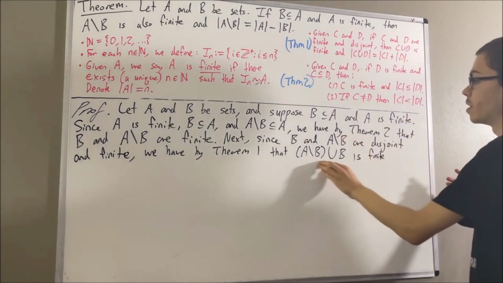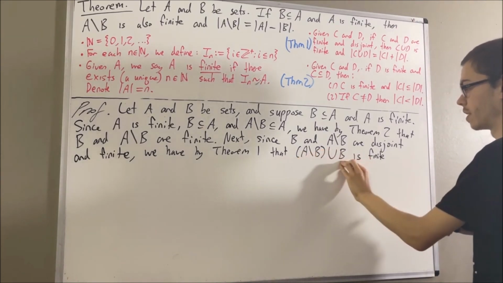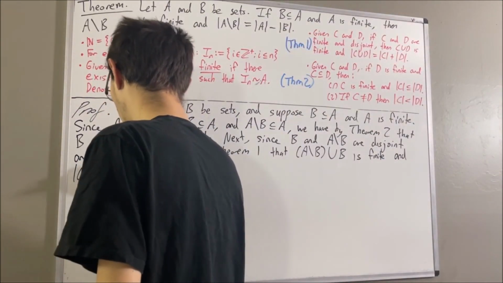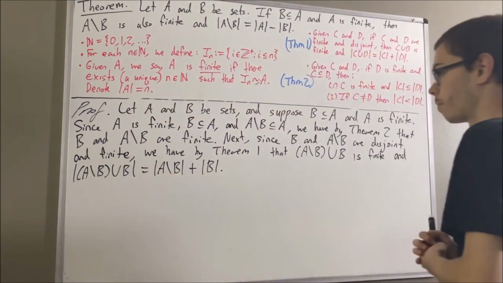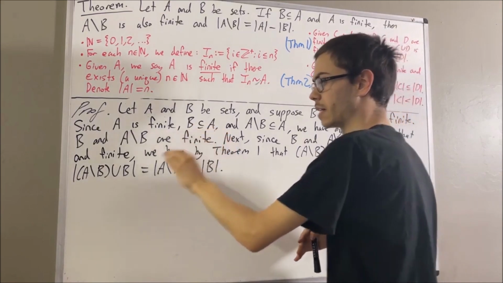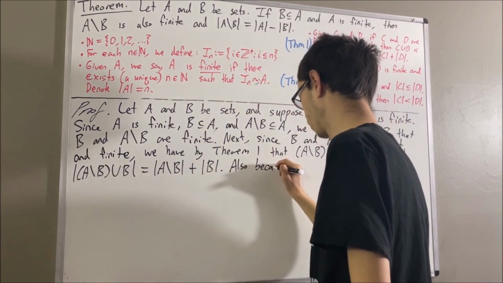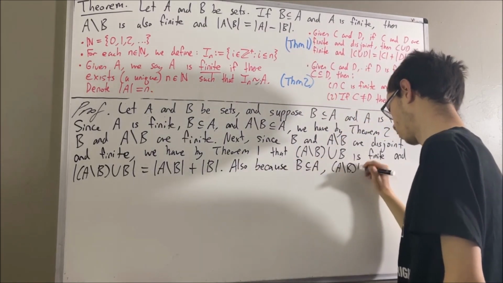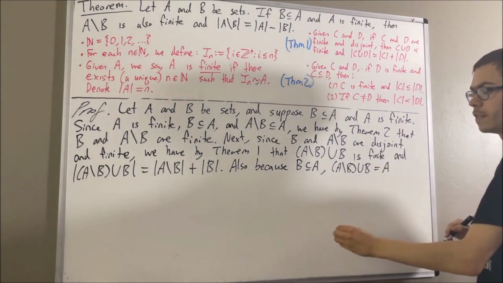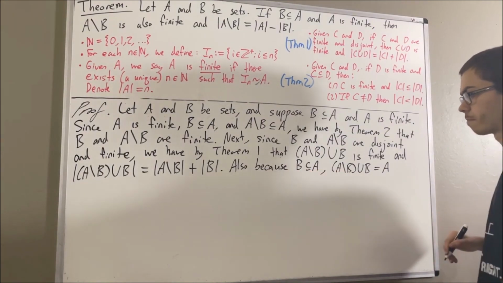And the number of elements in the union is given by the number of elements in this set plus the number of elements in this set. However, since B is a subset of A, it follows that A set minus B union B is equal to A. And I'll leave the details up to you to figure out that this implies this.